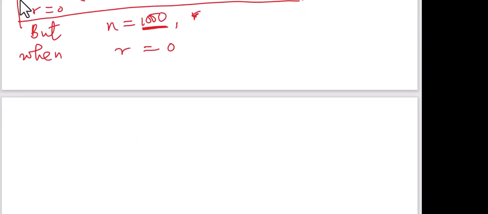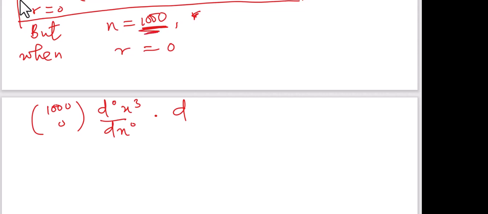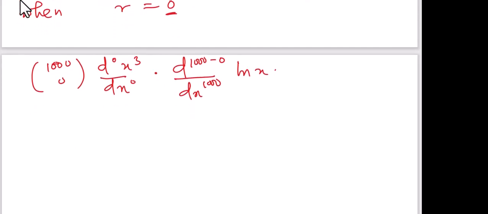So when the r is 0, we'll have 1000 combination 0, the 0 of x cube over dx 0 times d of n minus r, our n is 1000, our r is 0, so that is 1000 minus 0, over dx 1000 of ln of x. But the 0 derivative of x cube is the same thing. It means we are just differentiating 0 times, so nothing will happen over there.